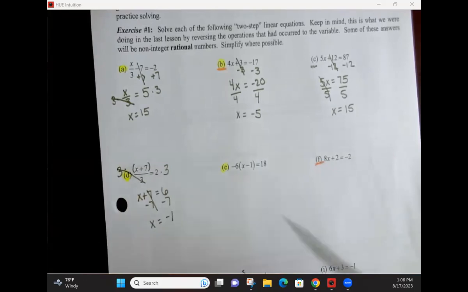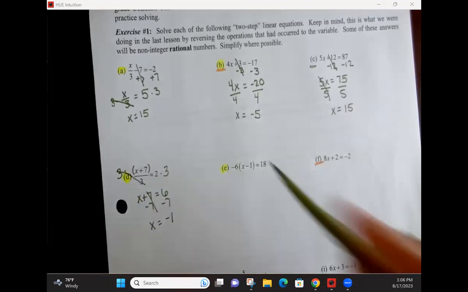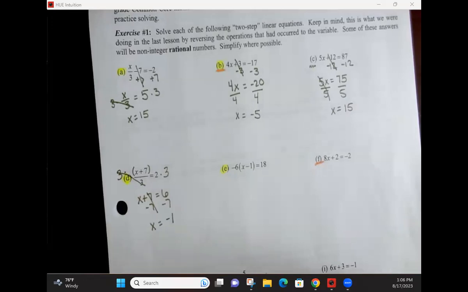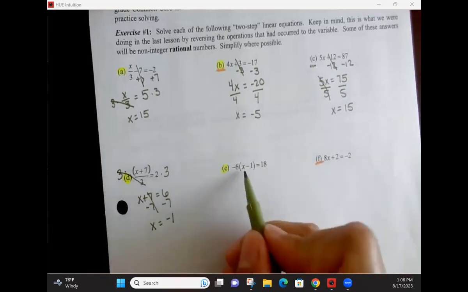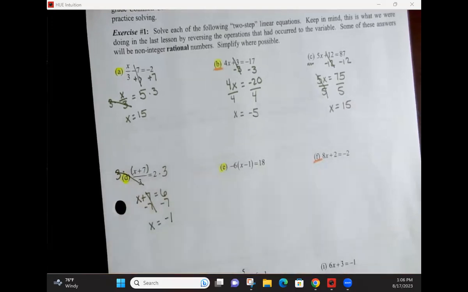For E, I can see my group there. There are a couple different ways that we can handle the parentheses that we have here. For some of our later problems, we're going to talk about distributing. But since I only have x in this one place, I'm going to handle this one by getting rid of the 6. I've got -6 times x minus 1 in that group. Okay?